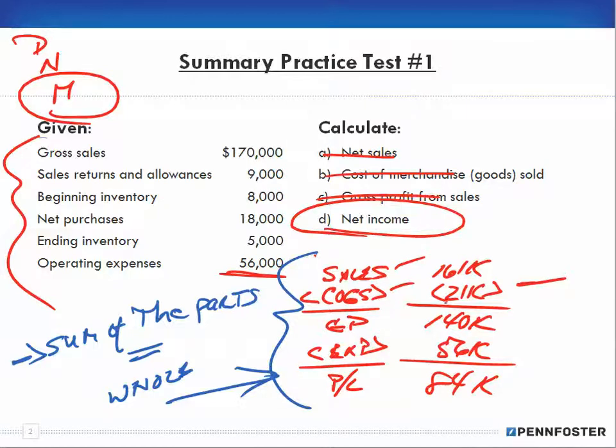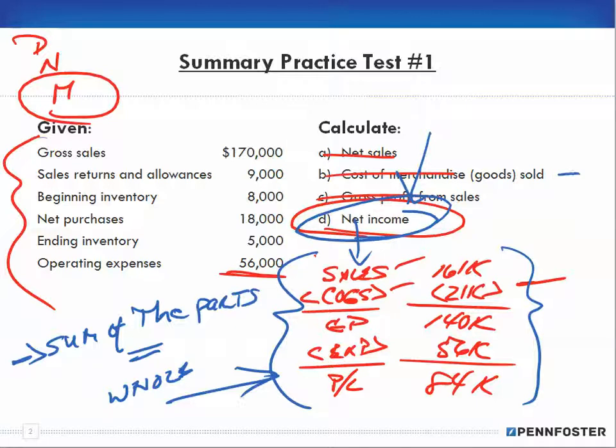Like in this case, if I understand what makes up net income, then I can figure out everything else. If I don't, I'm dead in the water. And yeah, the textbook will present this information and give you one example, but it's not going to show it in a neat and orderly fashion.